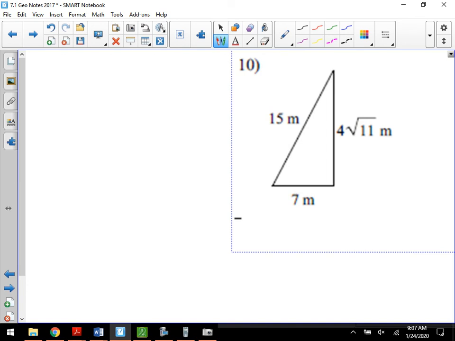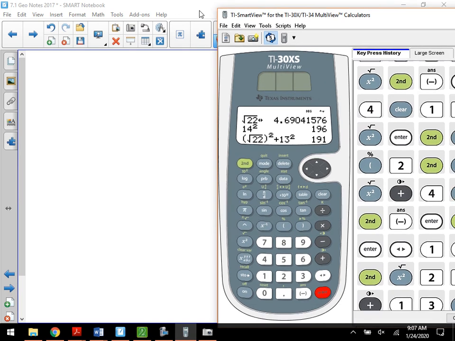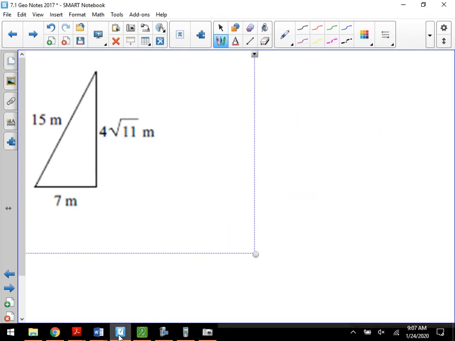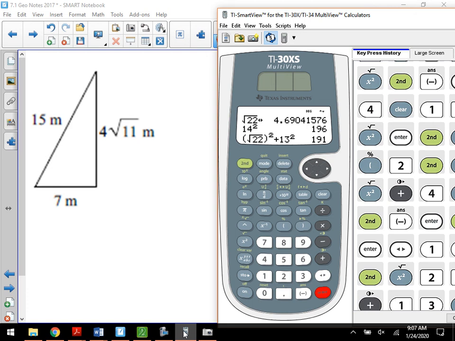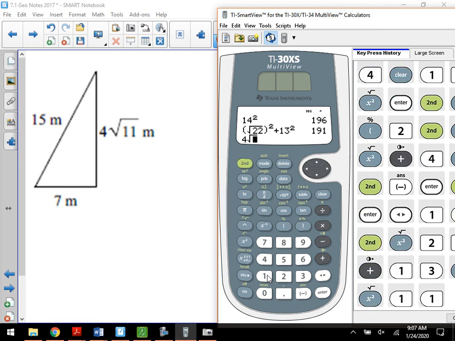But what do we have to double check to make sure it is in fact? I have to go to my calculator real quick and just make sure that this isn't bigger than this, just in case. So in the calculator, I do 4 square root 11.